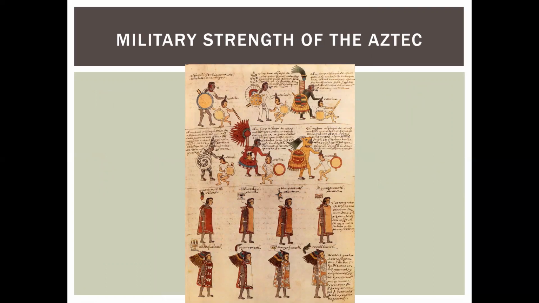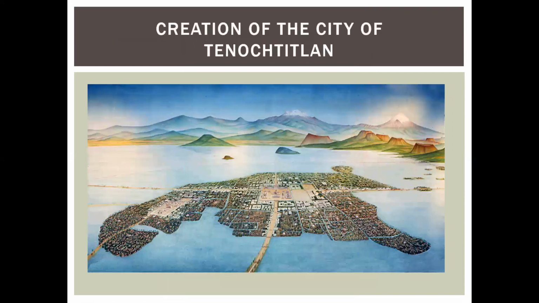Aztecs were very famous for using human sacrifice. They're famous for their tribute systems. They demanded tribute from all of the different groups that they conquered. And the city of Tenochtitlan was one of the most glorious, advanced cities of the post-classical era.